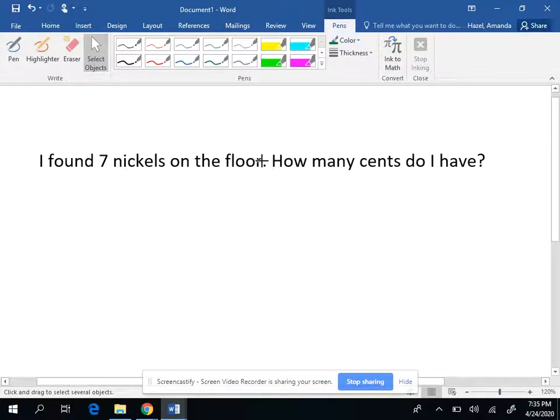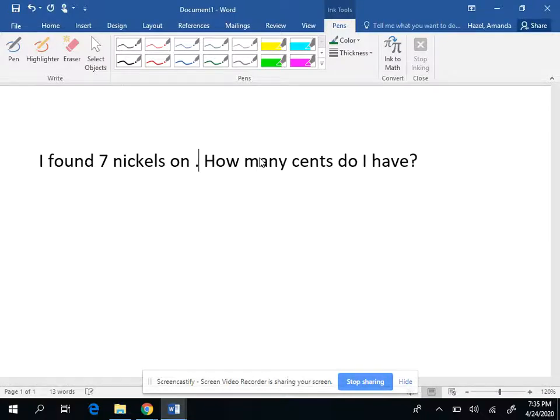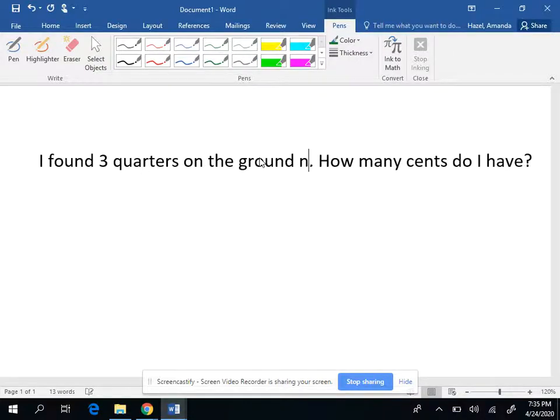All right. Come on. There it is. I found 3 quarters on the ground in the parking lot.